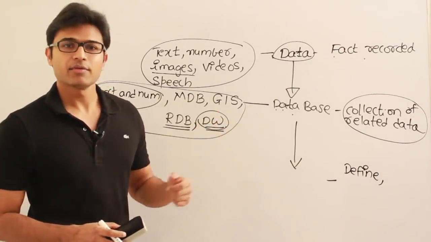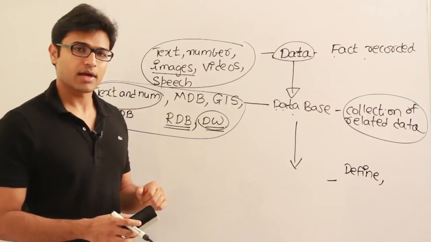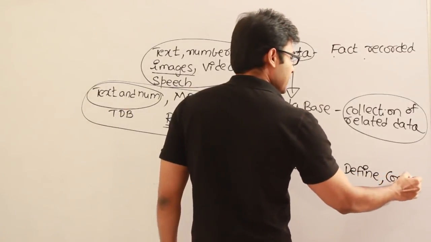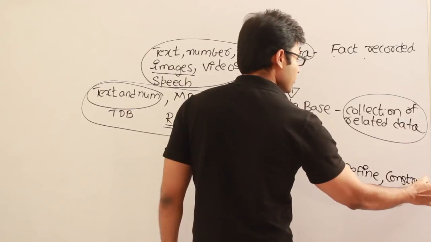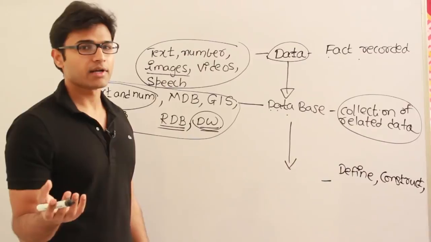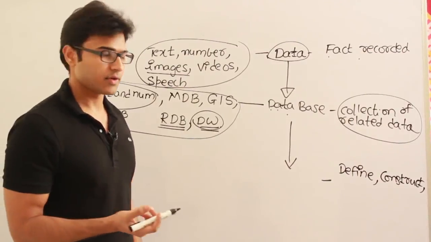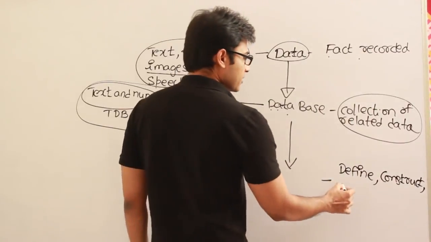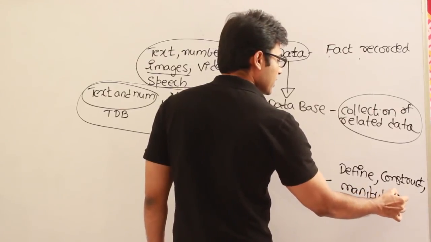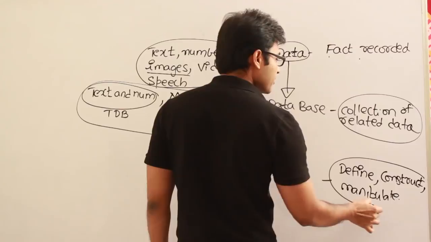You have to define the data which you are going to place in that, and then construct the database using the software. So constructing means how are you going to place the data on the hard disk or the storage device, and then manipulate. So manipulating means, you know that, adding and deleting data from the database.